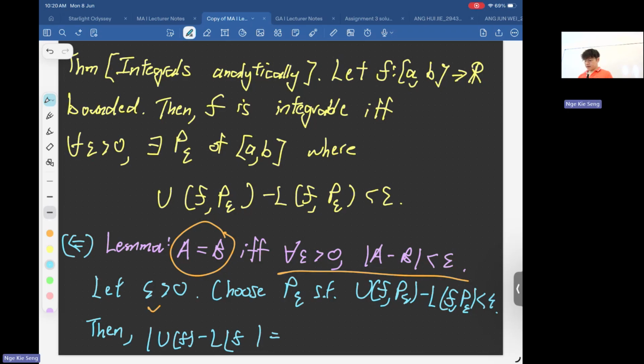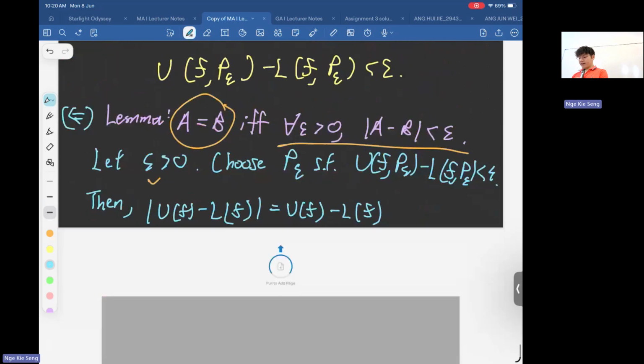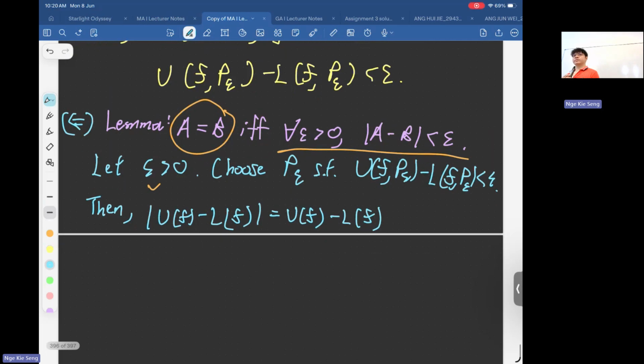We know that this difference should be greater or equal to 0, right? Last time we showed that UF is always greater or equal to LF, so I can throw away the absolute value. But then this UF and LF, remember how we construct them using infimum and supremum of UFP and LFP, respectively.